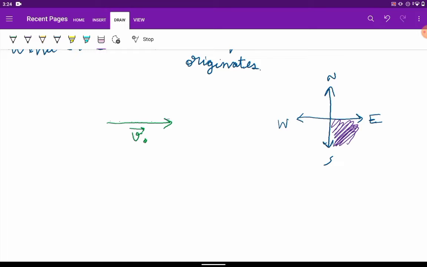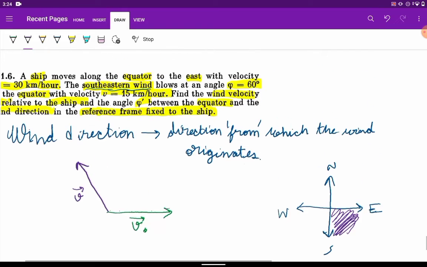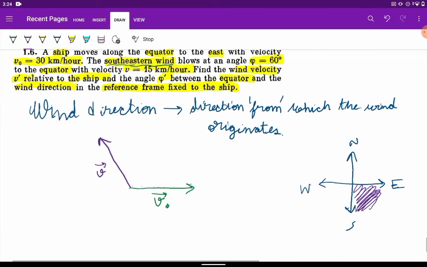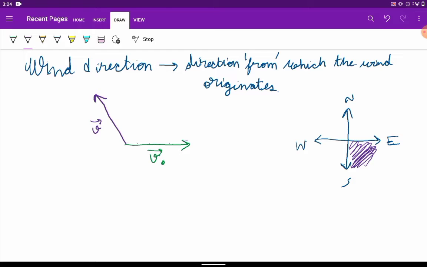What we want is something that originates from the southeast, so the direction will be towards the northwest. So it will be something in this direction, and that will be your v. So ignore the point about the equator that I just said. What is important is that it is a southeastern wind, it originates from the southeast, and hence it goes towards the opposite direction, which is the northwest.